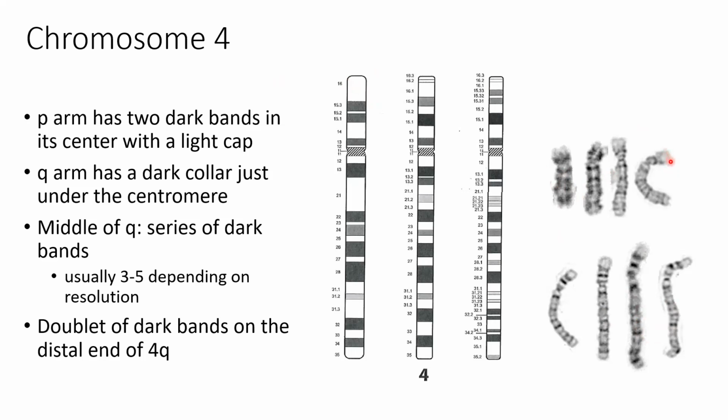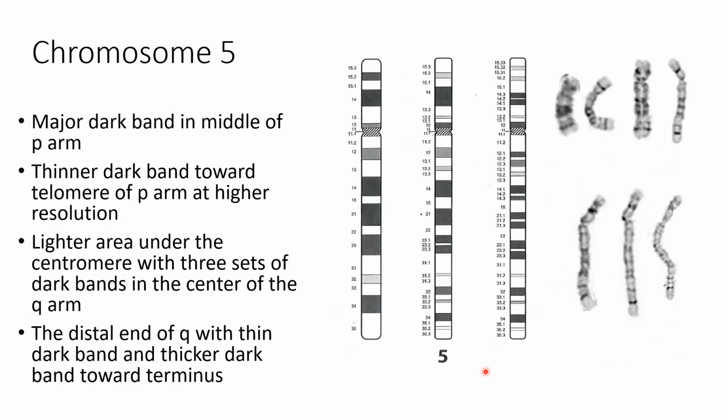But again, with chromosome 4, we're looking at a large lightly stained area on the P, and then we're looking for a doublet at the bottom of the Q arm. Some people have actually called these shoulder pads. The 4Q has shoulder pads, and that is a little bit different from chromosome 5, which also has the dark band in the middle of the Q arm.